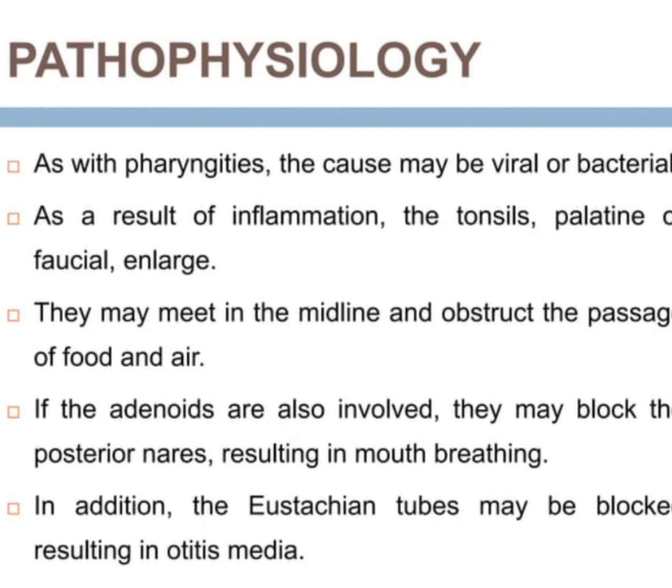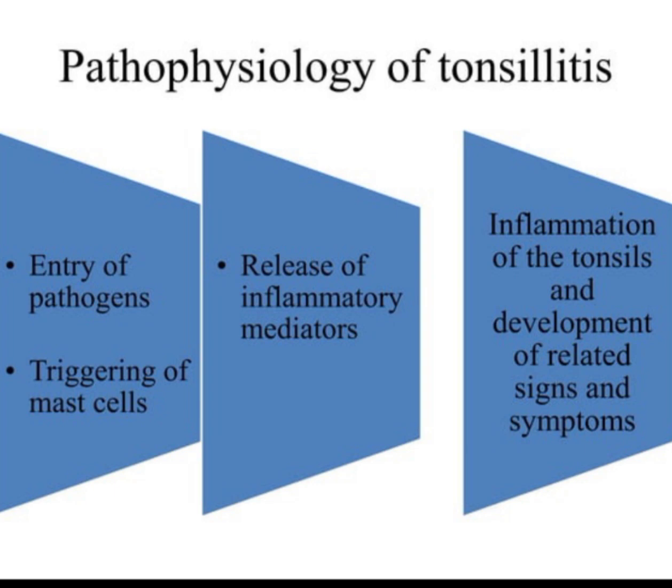As a result of inflammation of the tonsils, it leads to obstruction of the passage of food and air in the midline. That leads to blockage of the posterior nares, resulting in mouth breathing.